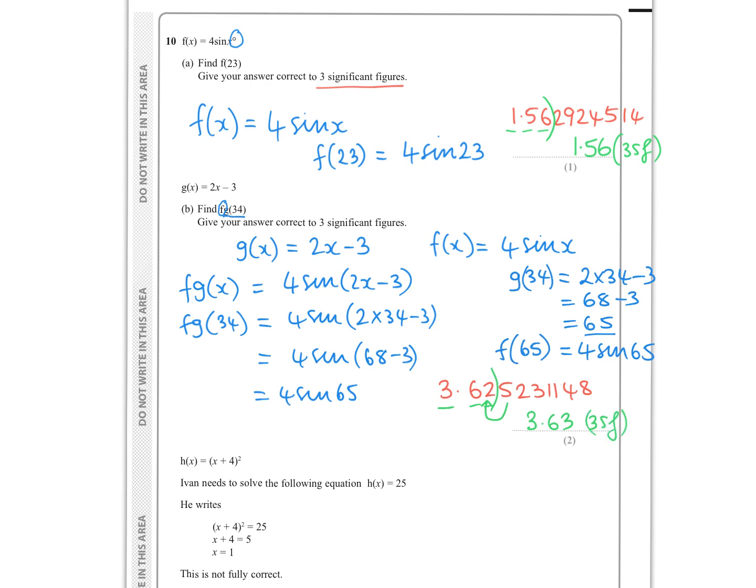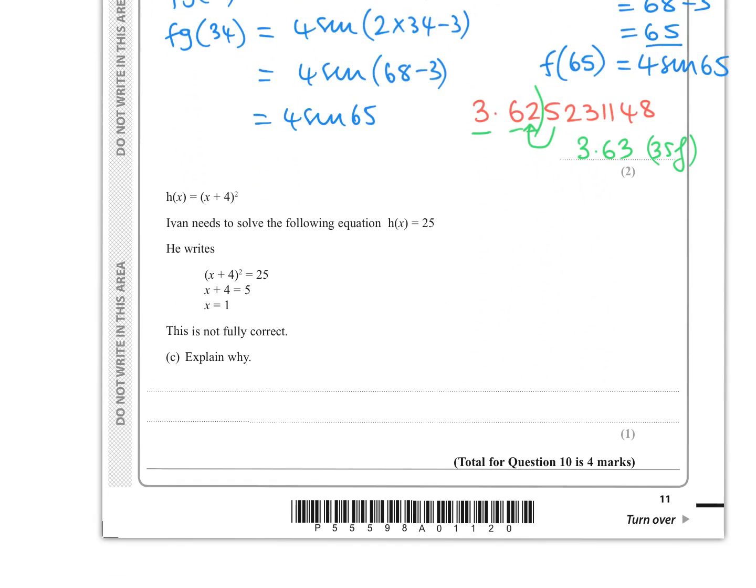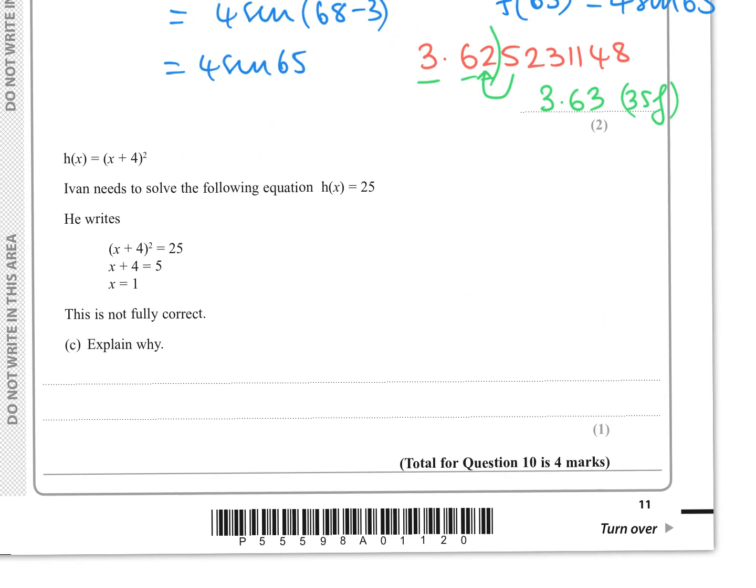Now looking at the last part, we have h of x equals x plus 4 all squared, and Ivan needs to solve the following equation, h of x equals 25. He writes x plus 4 all squared is 25. Yeah, that's fine. He then square roots both sides, and he writes x plus 4 equals 5.